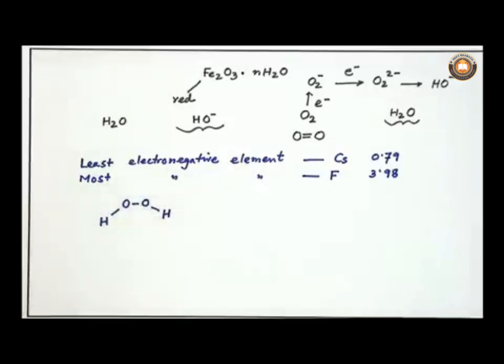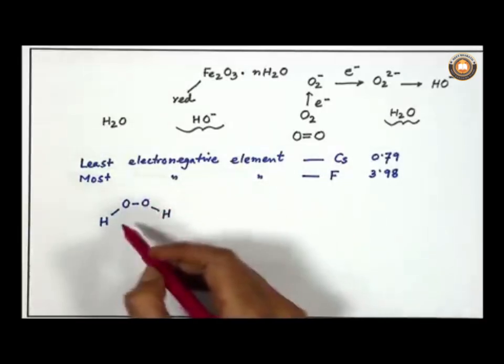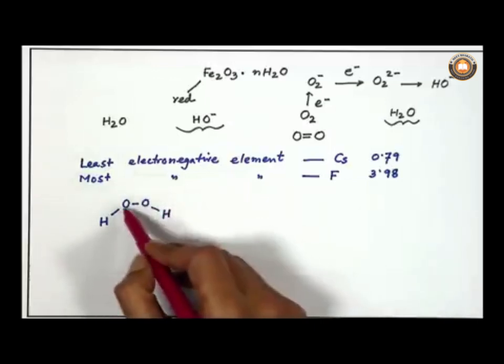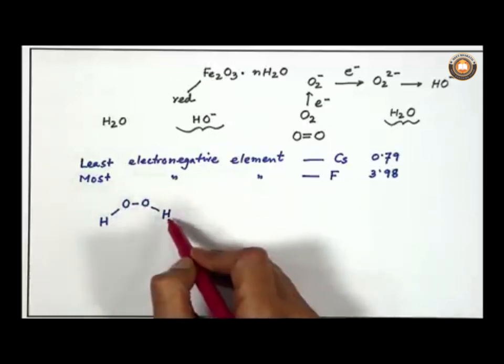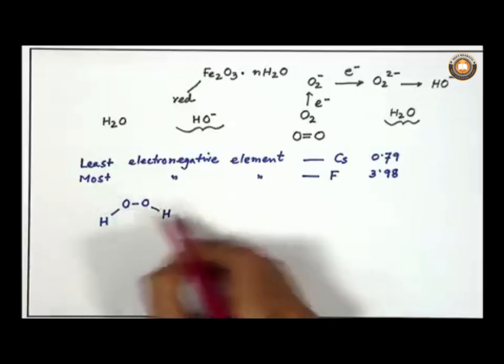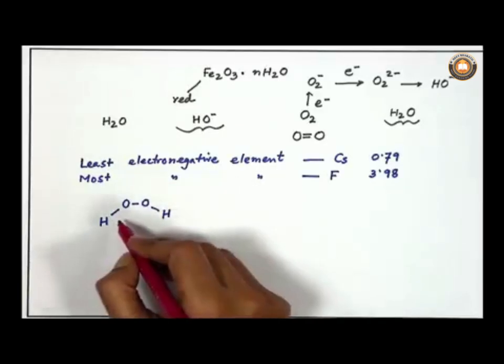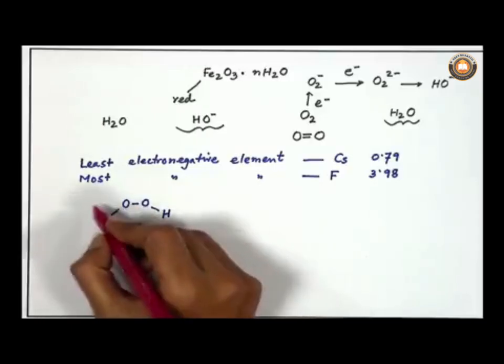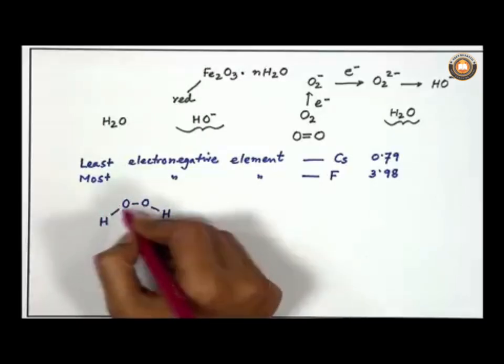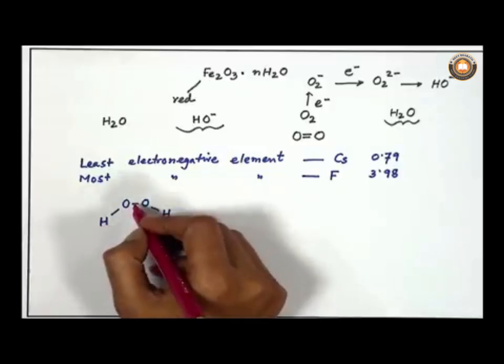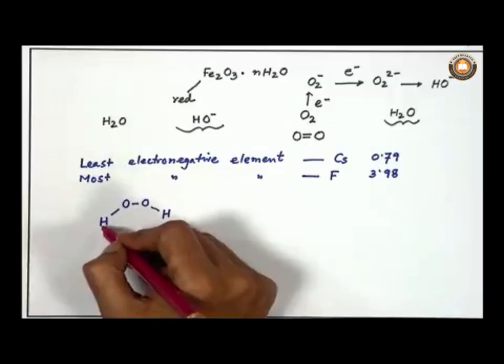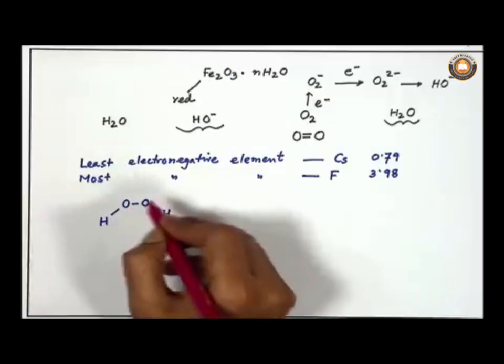So, the covalency of this particular molecule, that means the hydrogen peroxide having an O-O bond and H-O bonds, what you see is that in the covalent bond formation we have only the partial charge transfer. So, if we have partial charge transfer and if we see the difference in the electronegativity values between hydrogen and oxygen, one is 2.20 and another is 3.44.